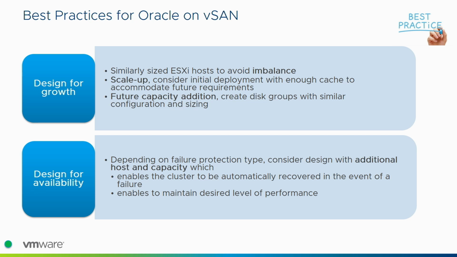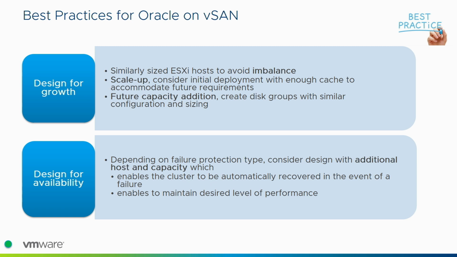So this is from the growth perspective, and from the availability perspective, we always recommend having spare hosts or spare drives. Do not over provision your databases in your vSAN cluster. We want enough slack space for vSAN to do resync and rebuild objects.